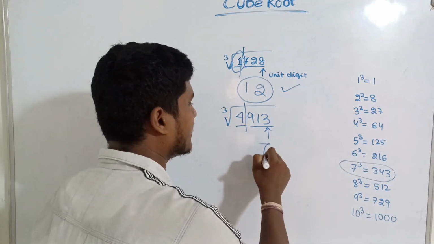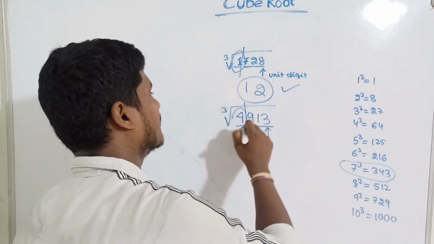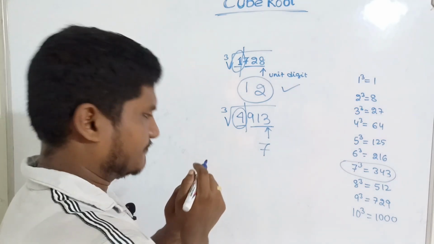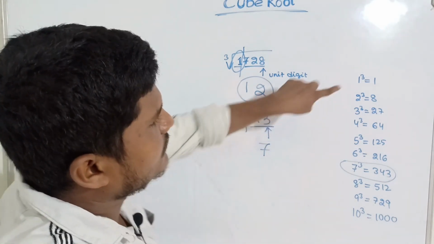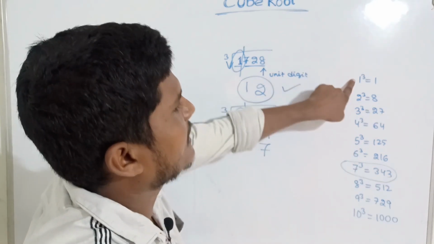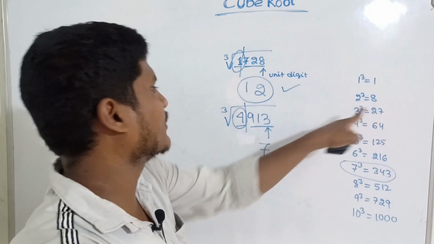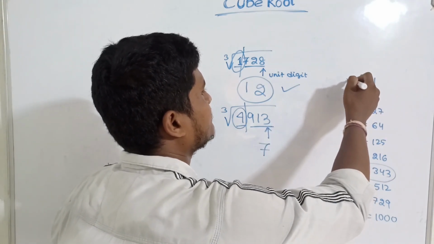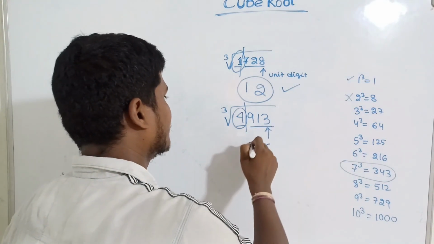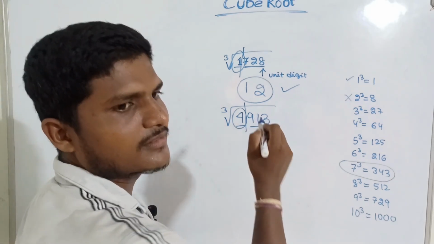So put 7 in the unit place. Here the remaining part is 4. Which number's cube is nearest to 4? 1 cube is 1, 2 cube is 8, which is more than 4, so this number is not taken. Take the previous number, that is 1. So 17 cube is 4913.